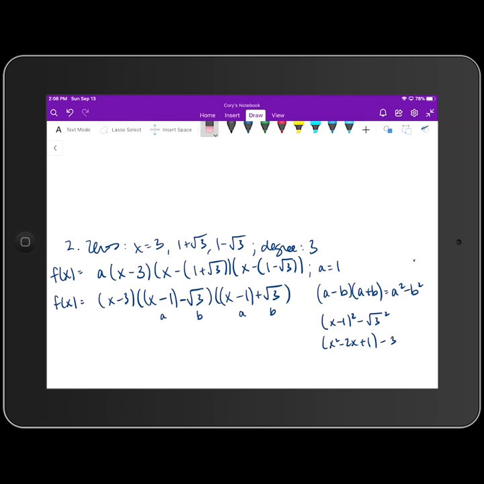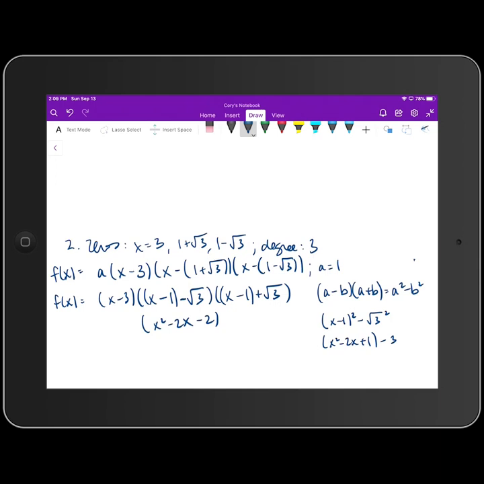So that entire quantity, if I were to multiply it out, becomes x squared minus 2x, and then 1 minus 3 is minus 2, which gives us a way faster way to expand out that quantity.